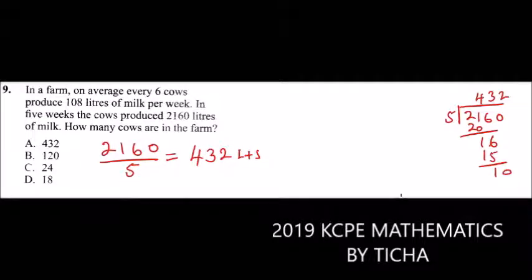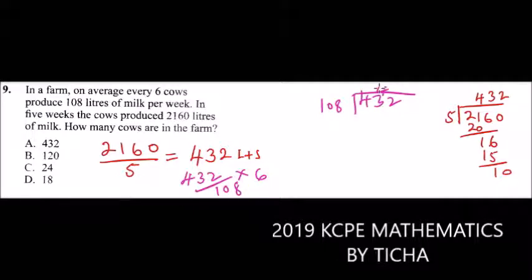So what you do is you divide 432 by 108, and these are 6 cows, so you multiply by 6. So you can simplify. If you divide 432 by 108, this will give you 4.